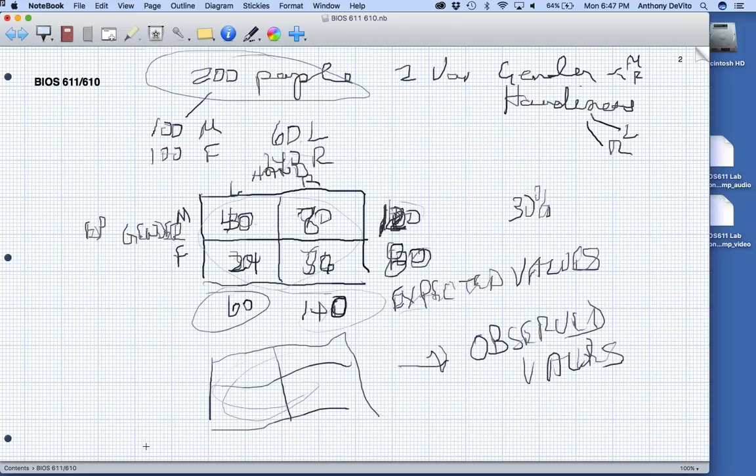Does that make sense to you? In other words, if I see that a lot more males are left-handed than 30%, and a lot fewer females are left-handed than 30%, the bigger the difference between my expected values and my observed values, the more justified I am in saying that males and females differ in how likely they are to be left-handed.